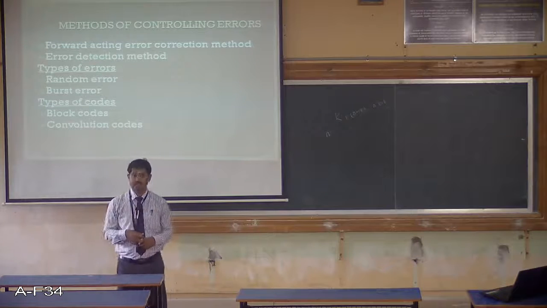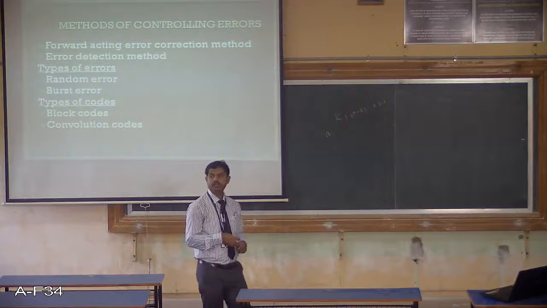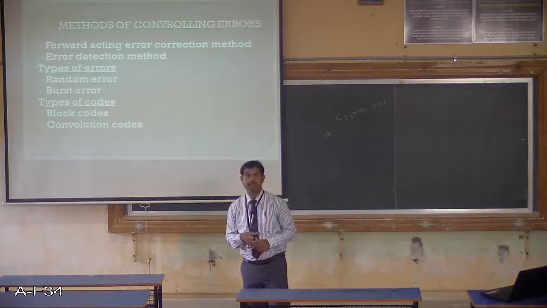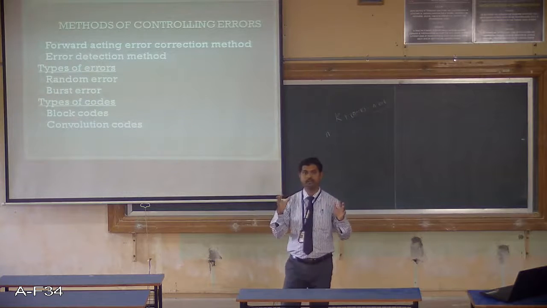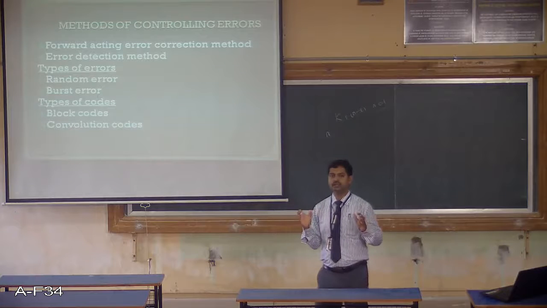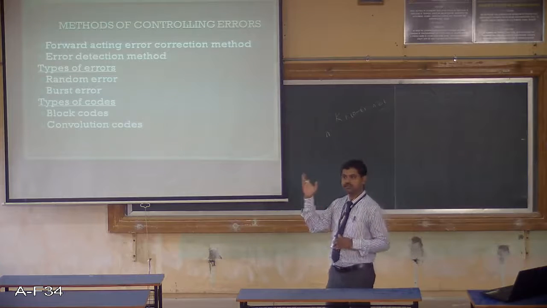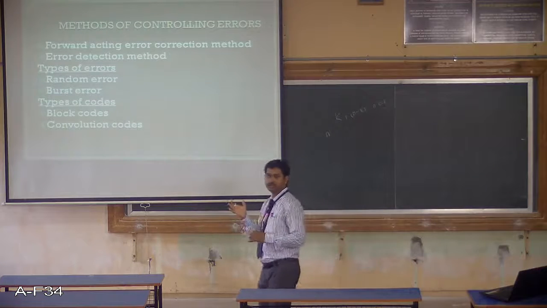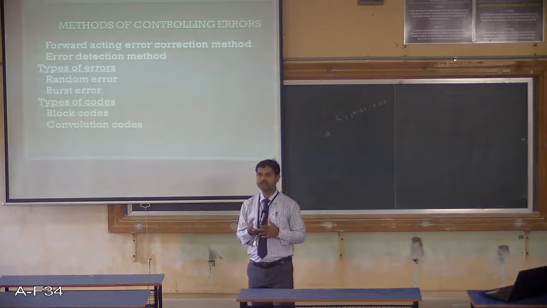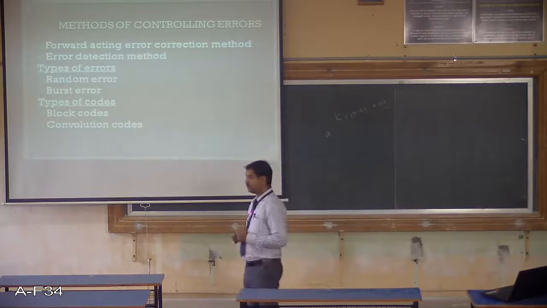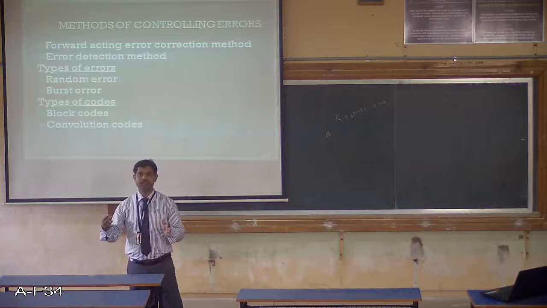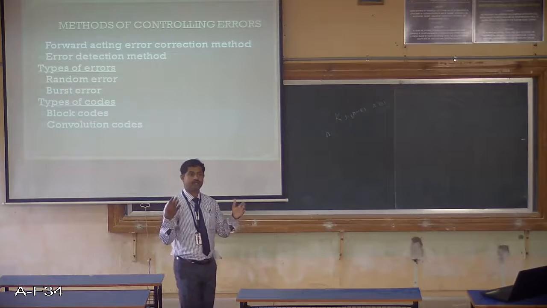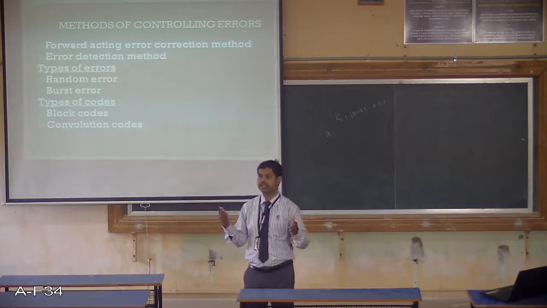In the case of burst error, a large number of bits will get corrupted. This may be because of lightning, some man-made interference, or the communication equipment suddenly stopping functioning at certain intervals. So a block or stream of bits will change.